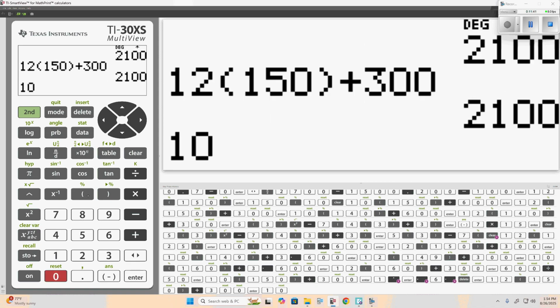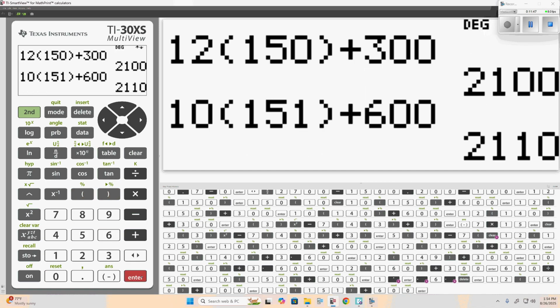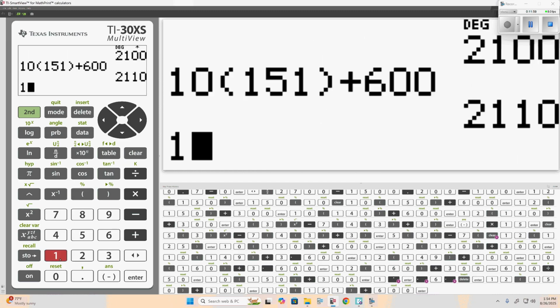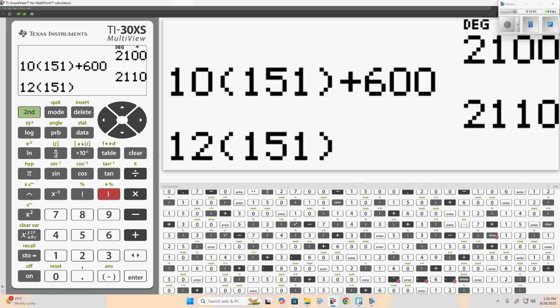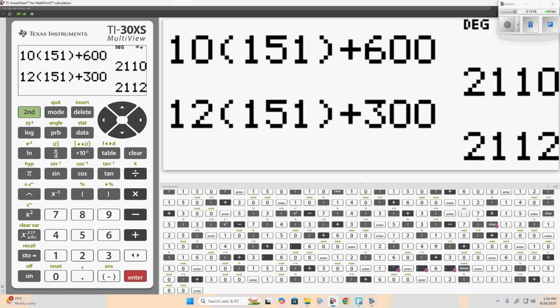Now it said we had 151 students going. So if 151 students went for Sunview, it would cost $2,110. Lakeview, it would cost $2,112.